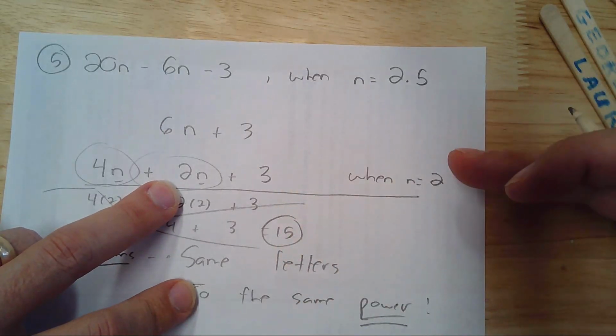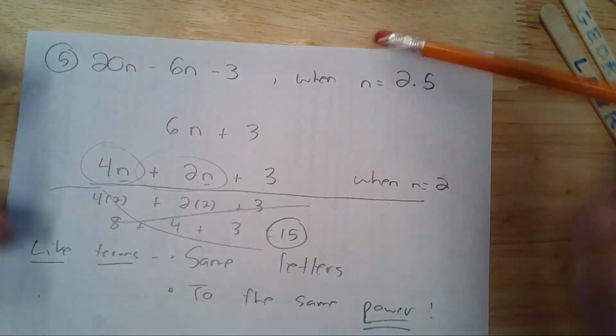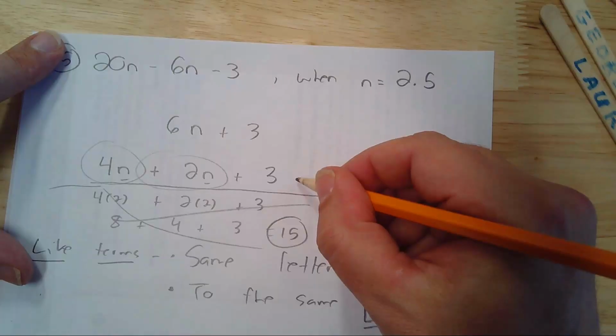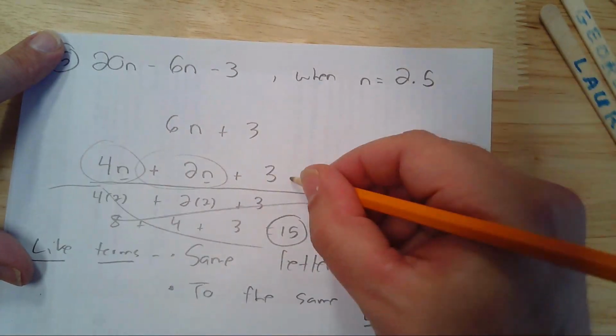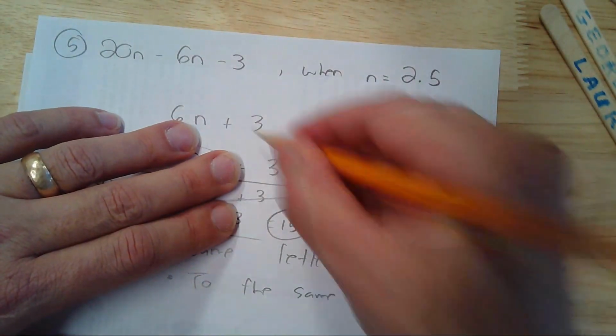It's just a number. We call that a constant in math, a constant. So there's nothing to combine this with here, right? If I had another thing, like say 4n plus 2n plus 3 minus 2, well then I could combine 3 minus 2 together to plus 1.